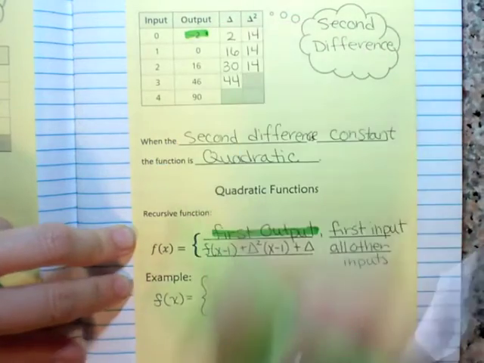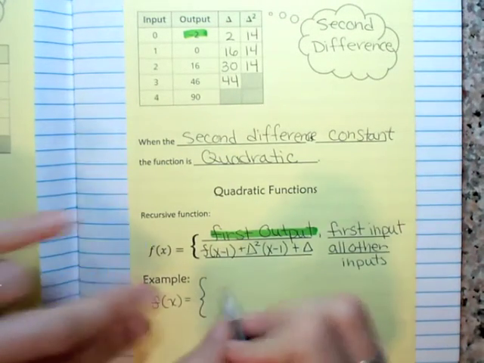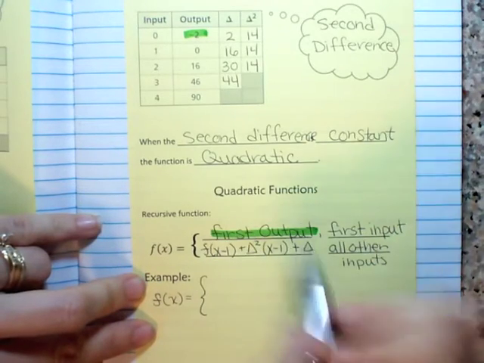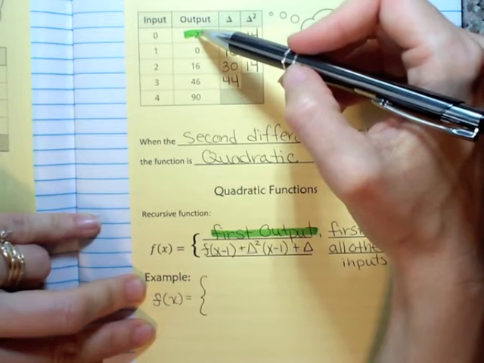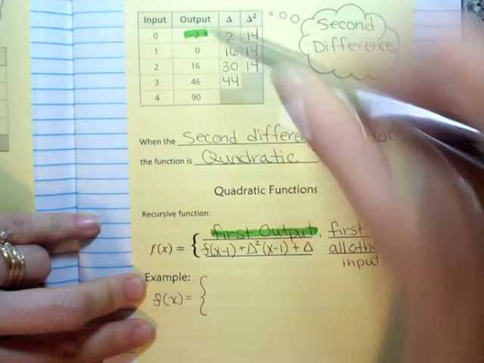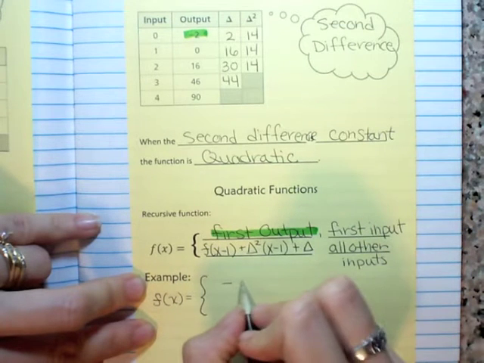That way, when I come to look at these notes later and I see that my example says first output and it's highlighted green in these two places, that can be a trigger to say, oh yeah, that's where I'm going to find that first output, is that place next to 0 in my table.